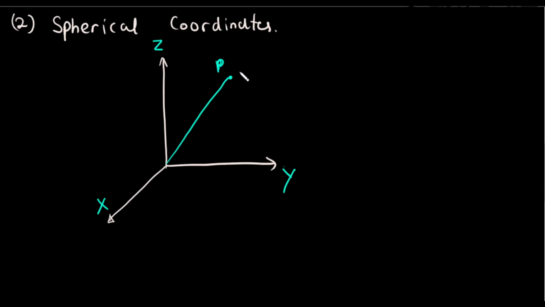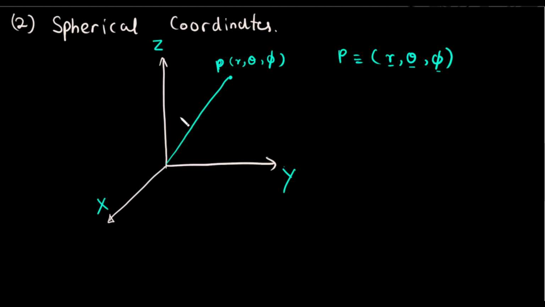So the point P has coordinates of r, theta, and psi in the spherical coordinate system. So I'm going to write r, theta, and psi. Now I'm going to place this r, theta and psi in this coordinate system.